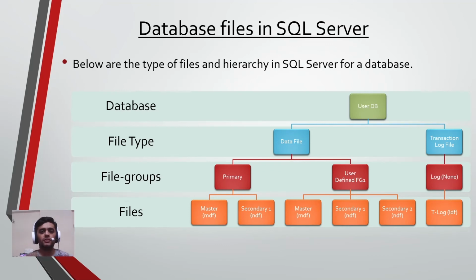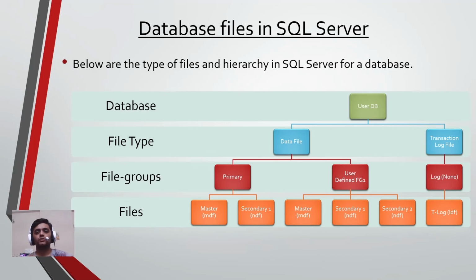This first file is known as the master file. Now if you check books online or the online documentation, you will find that you can have only one master file in your database, denoted by the MDF extension, master data file. But in practice, you can have one master data file per file group.